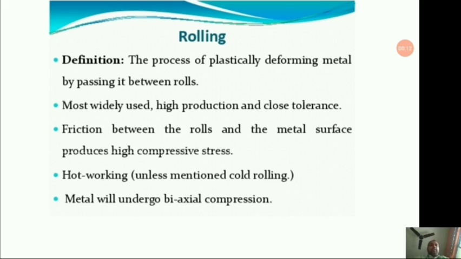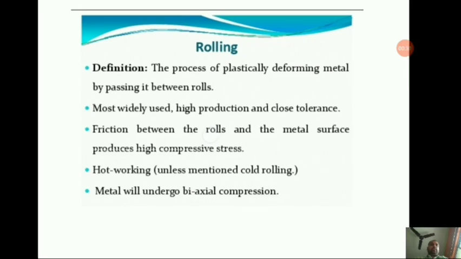So from this slide you can easily conclude that rolling is a very economical process for producing large volume of material with constant cross section, and rolling is also a process where the metal is compressed between two rotating mills for reducing its cross-sectional area.